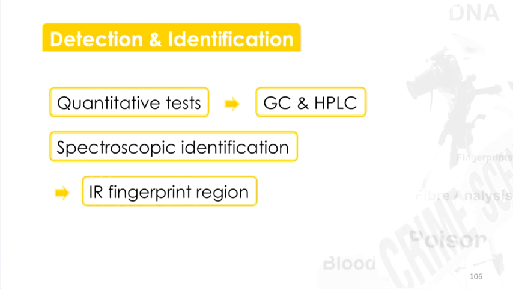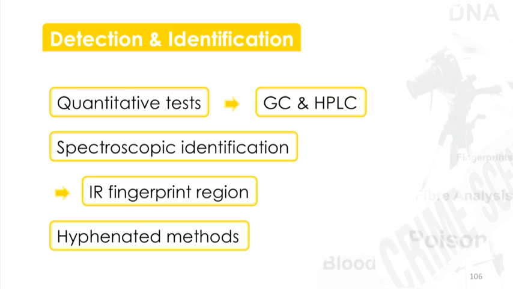Then the other technique for identification we can use is mass spectrometry, and as you saw in that earlier lecture, we can combine mass spectrometry with gas chromatography and do GCMS.